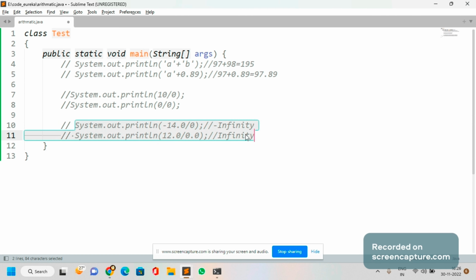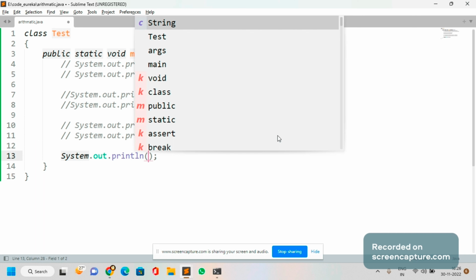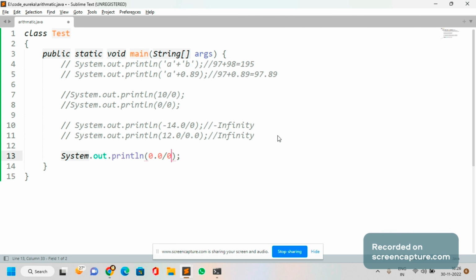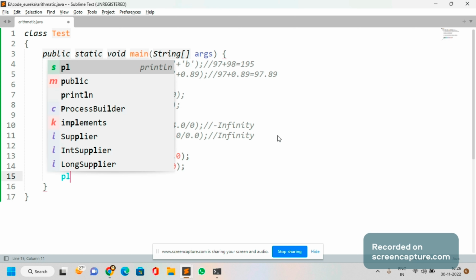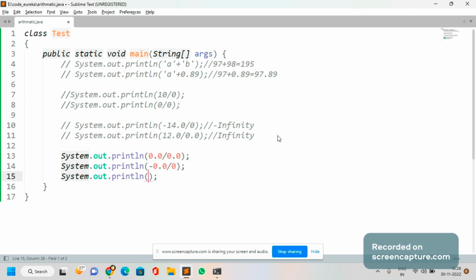Now check System.out.println(0.0 / 0.0), System.out.println(-0.0 / 0), System.out.println(0 / 0.0). I already said 0 or floating point 0 divided by floating point 0 is NaN, and floating point 0 divided by 0 is also NaN.